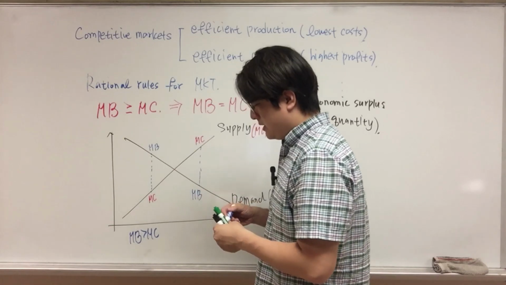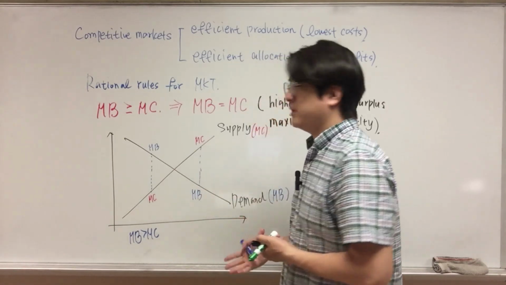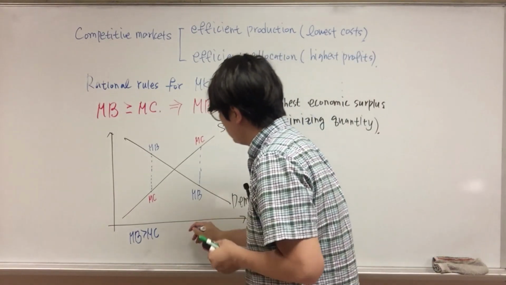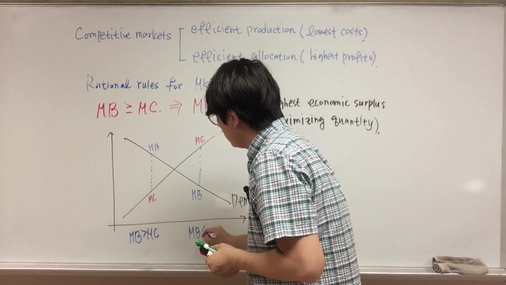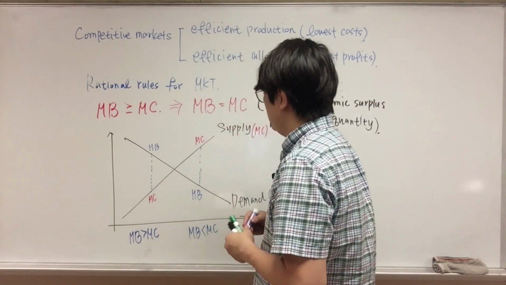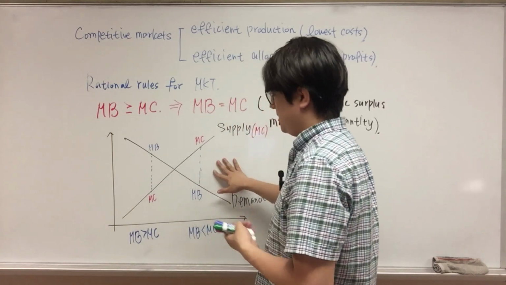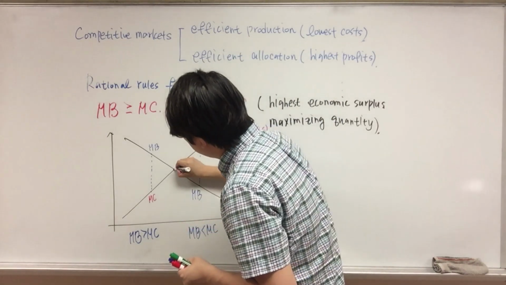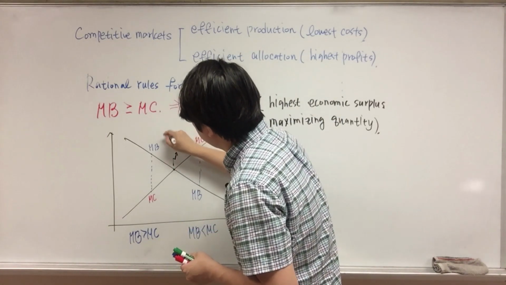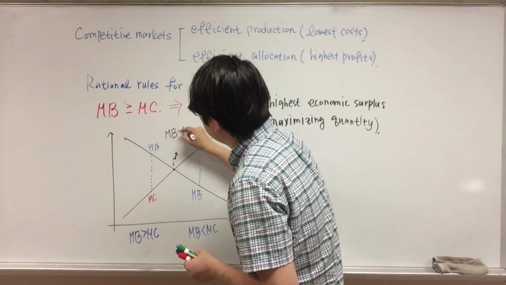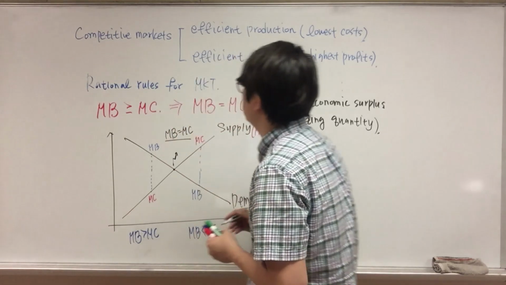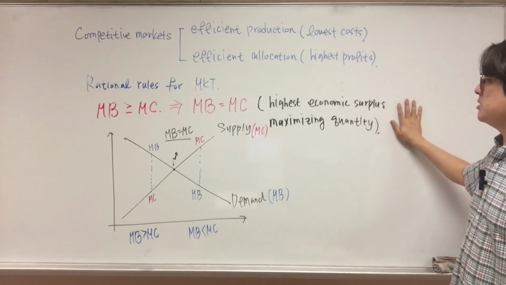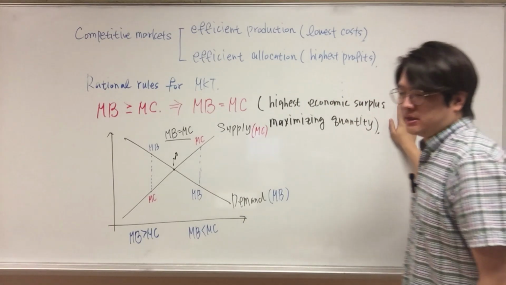So in this case, many companies would like to go out of the market. So it is also inefficient. So where is the efficient point? Here. This point is where marginal benefit is equal to marginal cost. So at this point, we have the highest economic surplus and maximizing quantity.